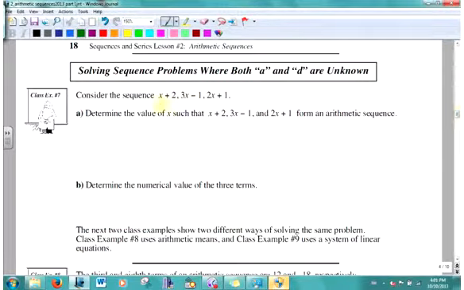Oh, look at this fun stuff. X's. That's a sequence. It's telling us it's a sequence. And it's an arithmetic sequence, because that's the chapter we're in. Okay? So, solving sequence problems when both A and D are unknown. I don't know what A is as far as a number goes.